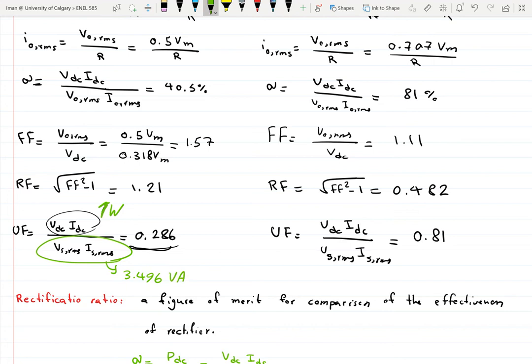That's very poor utilization of our source. But as our utilization factor goes up, we would need less volt ampere from the source in order to provide the same amount of power.